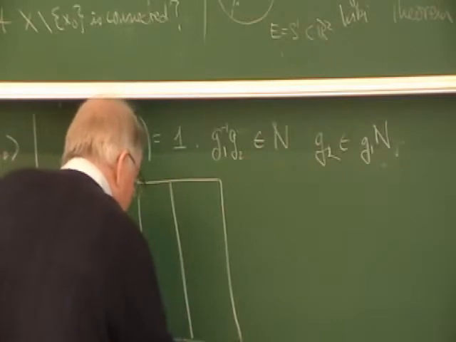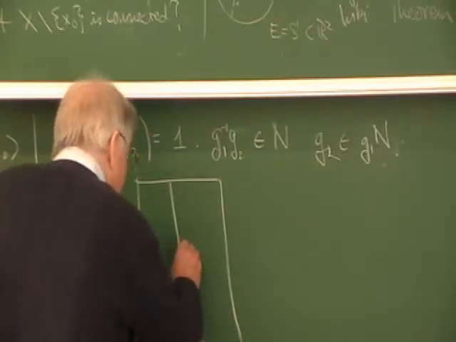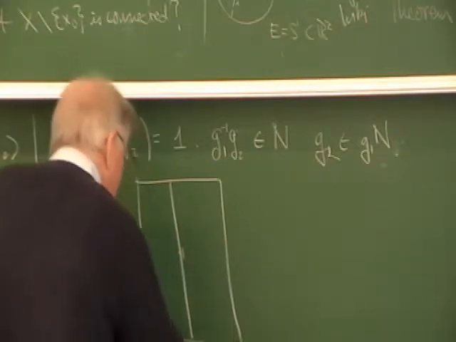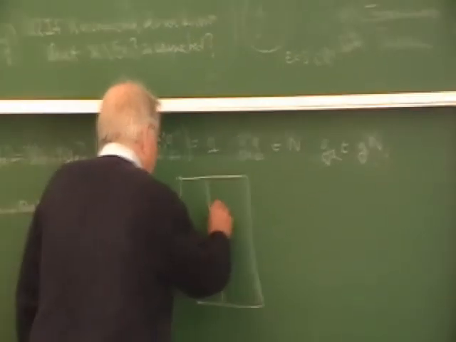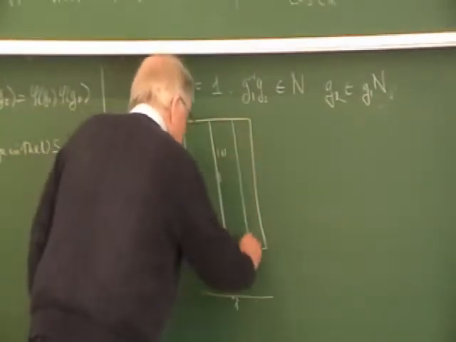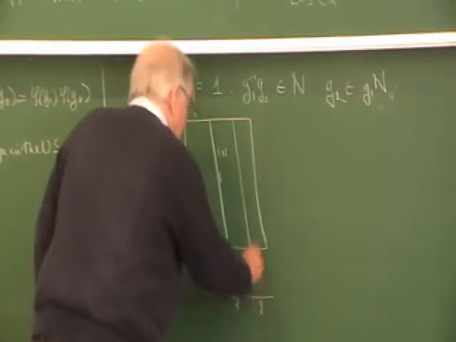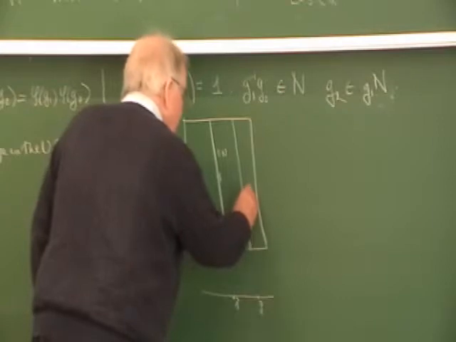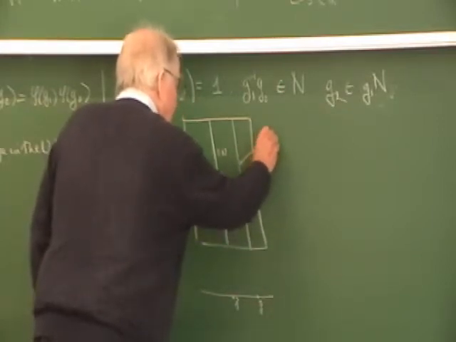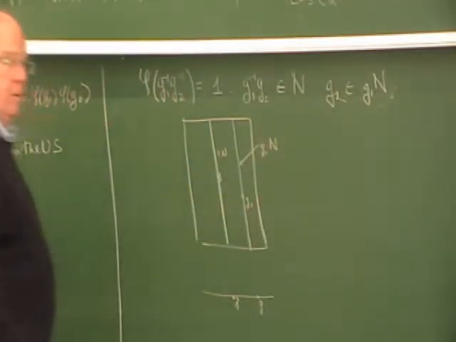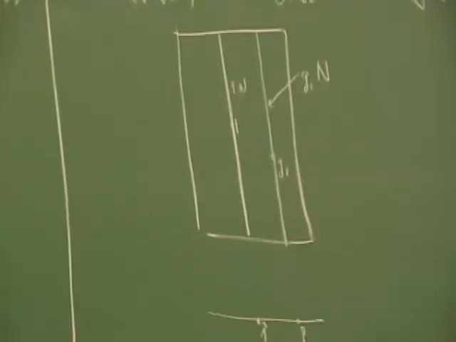Here is the fiber over 1. Here is 1 upstairs. Maybe here is 1/2. This is the fiber 1 times n. Here is the fiber over G hat. If I take some G1 in this, this is G1 times n. Get it? Are you okay on that?